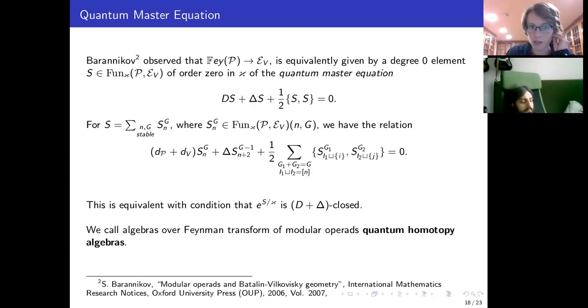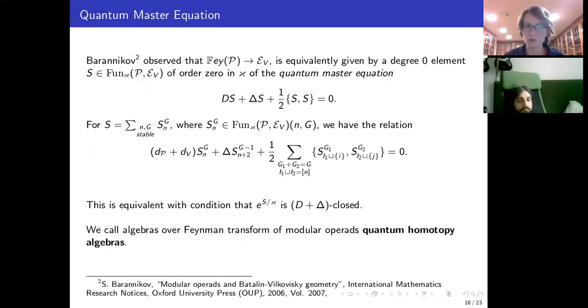And now in this space, we can actually use the results of Batalin-Vilkovisky, because if we think about what is the Feynman transform of some modular operad into the endomorphism operad, so the representation of this Feynman transform, we can equivalently give this operad morphism as a degree 0 element of this space of functions, which I showed you.